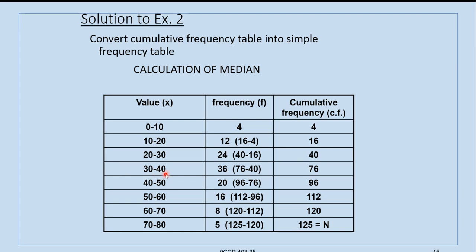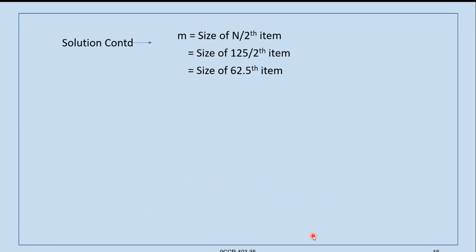So here we can determine the values for the median class. That is, L is equal to 30, f is equal to 36, CF is equal to 40, and n by 2 is 125 by 2, that is 62.5.